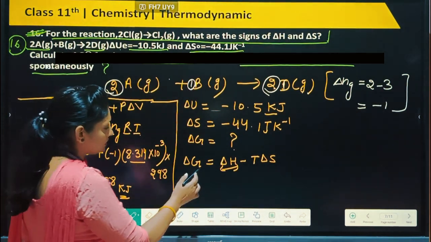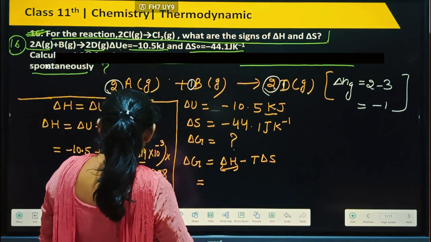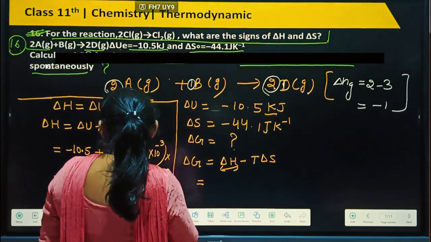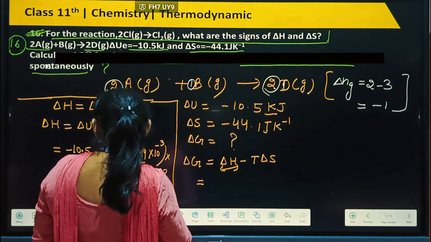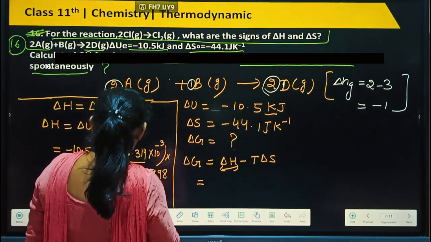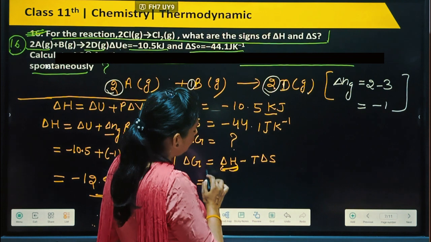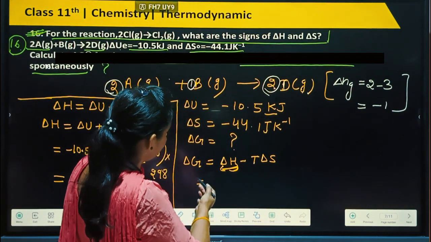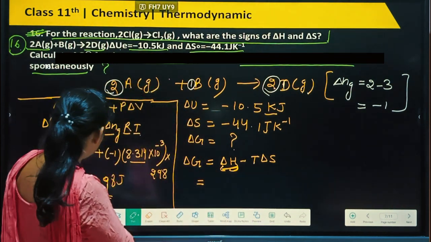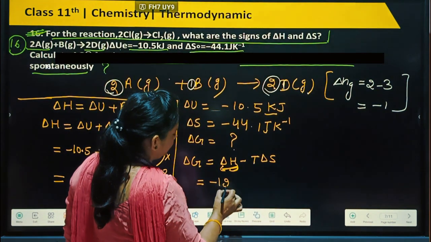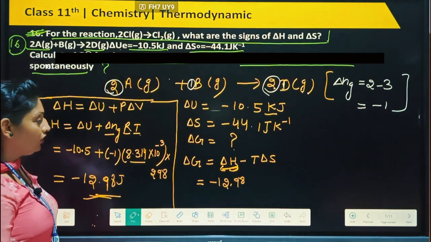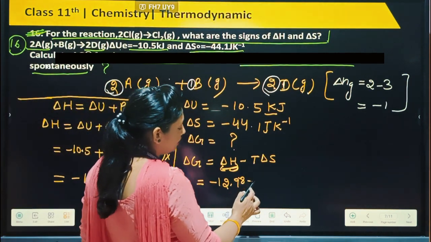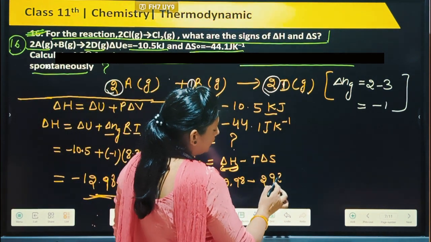Then students, we can put the value here. After putting the value, what can we get? Value of del H is minus 12.98, which we have calculated. Minus T, you will put 298 Kelvin.